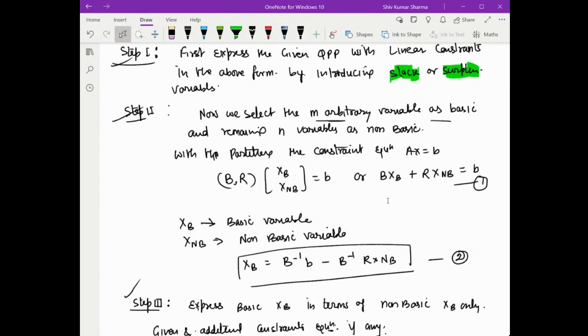This is chosen arbitrarily, with no restriction. You have to choose only a slack variable as a basic variable. This is your choice. You can take the first variable as basic, the second or the third. Basically we start with the first variable, x1, and first we take x1 as basic.